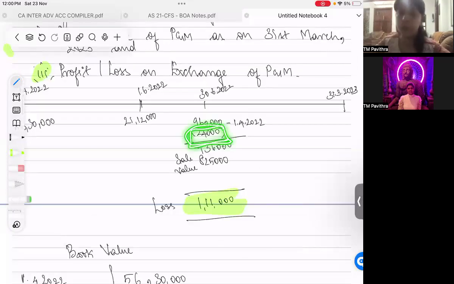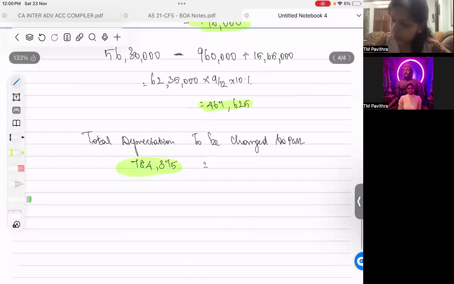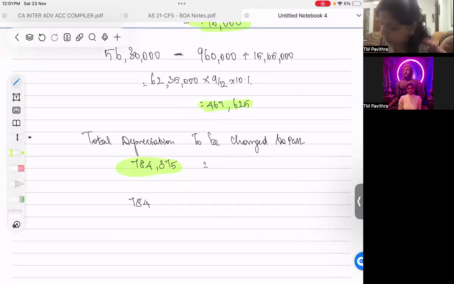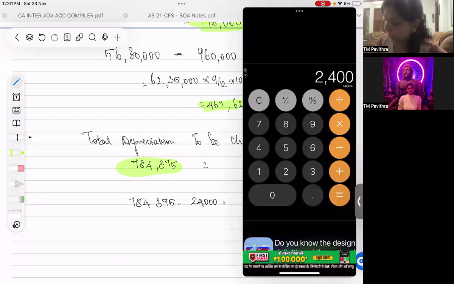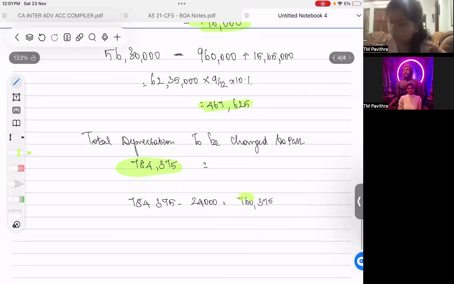So this component of depreciation relates to the plant which no longer exists in our books of accounts. So it is to be reduced. So 7,84,375 minus 24,000, it is 7,60,375.